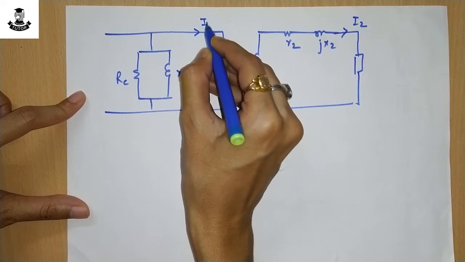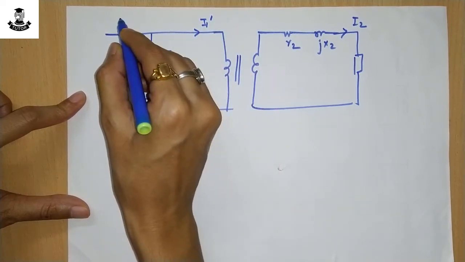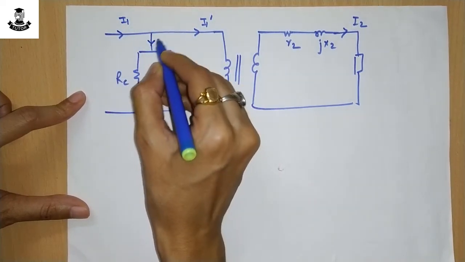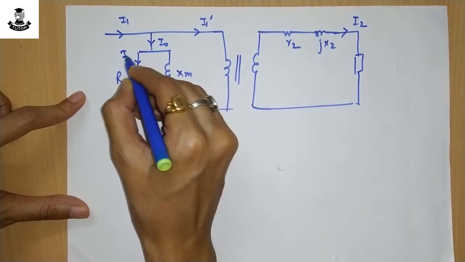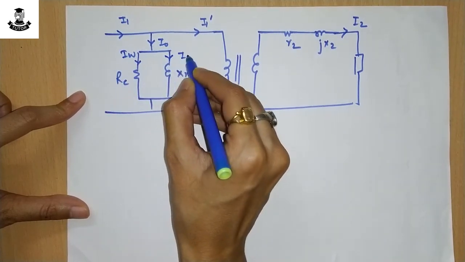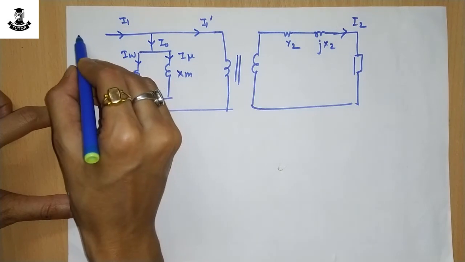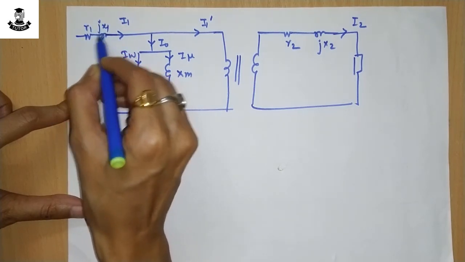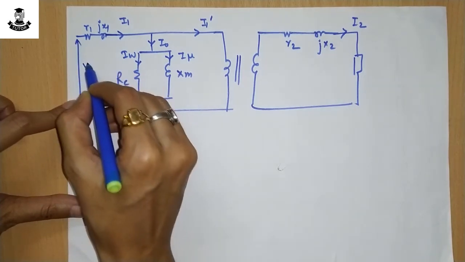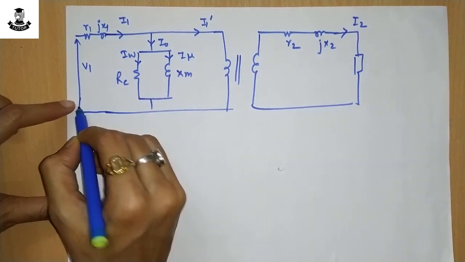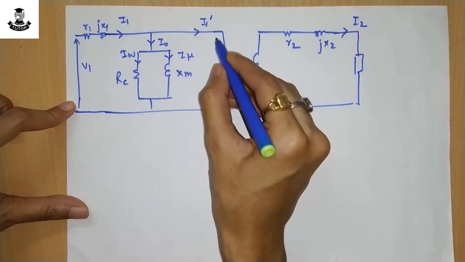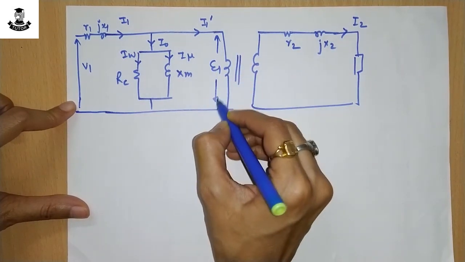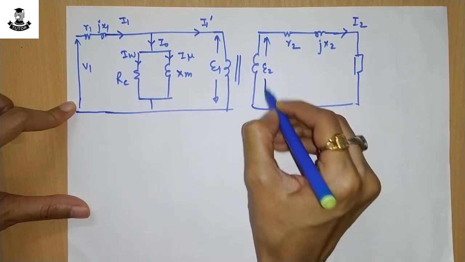Here we are having I1 dash, this is I1, I0, IW, I mu. Here we are having R1 and jX1. Supply voltage V1. This is induced EMF E1, E2.